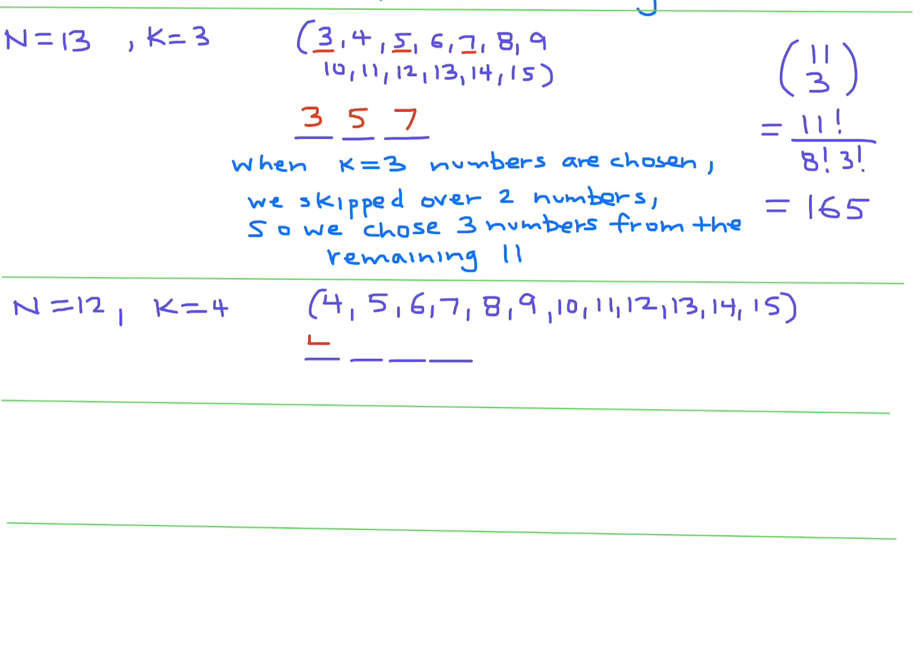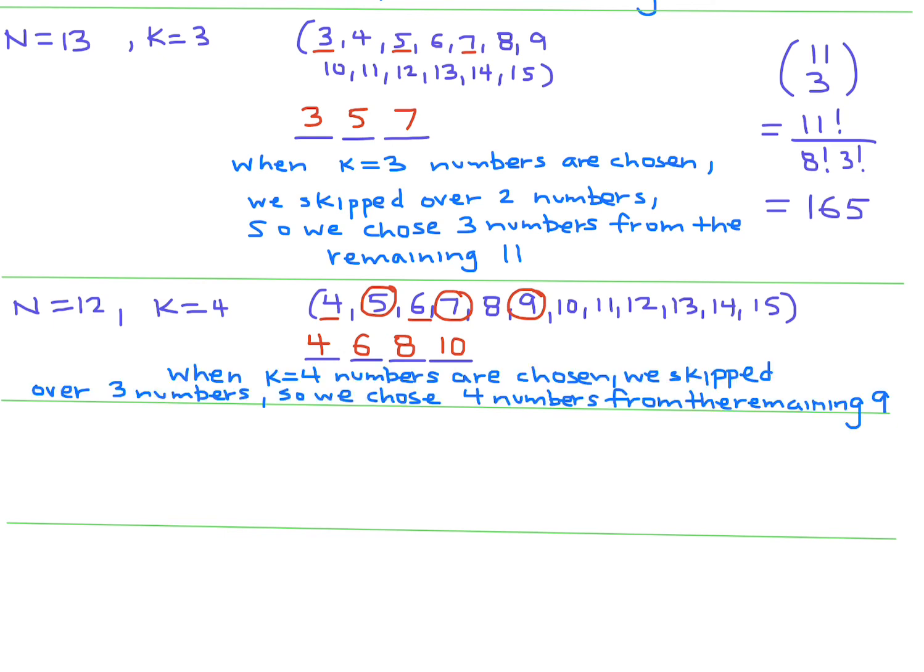And in a very simple way, we can choose, say, 4. Can't put the 5. We got to skip over that. We can put a 6 here. Can't put a 7. But we can put an 8. Can't put the 9, but we can put the 10. So we skipped over the 5, the 7, and the 9. So when k equals 4 numbers this time are chosen, we skipped over 3 numbers.